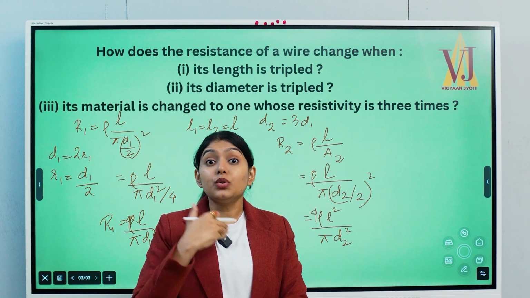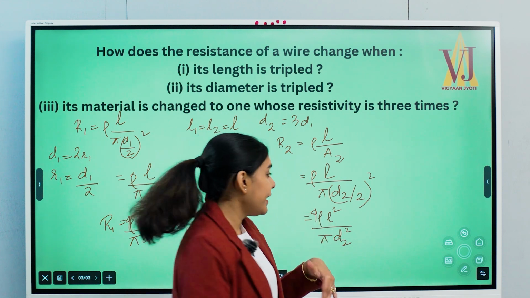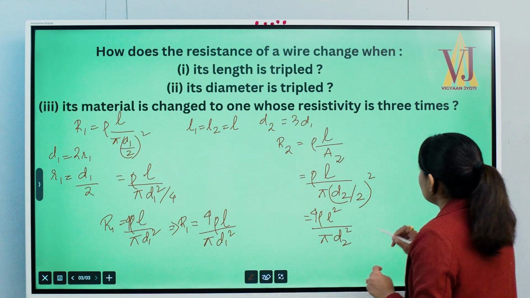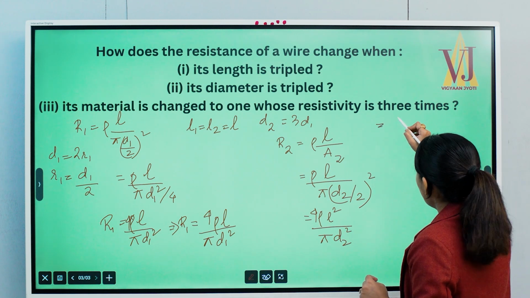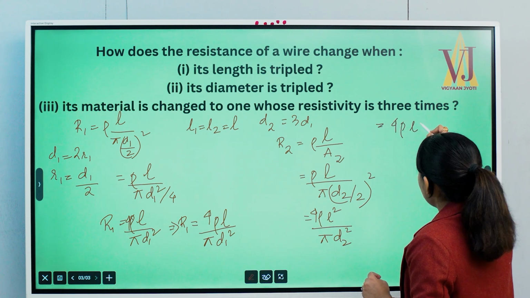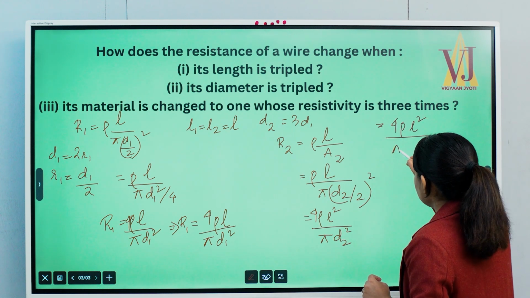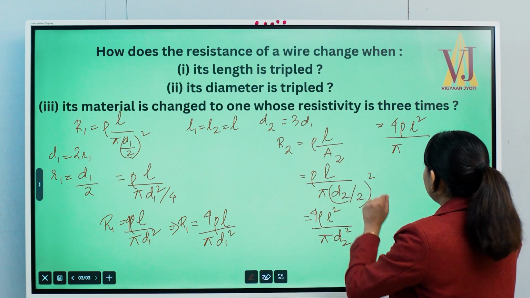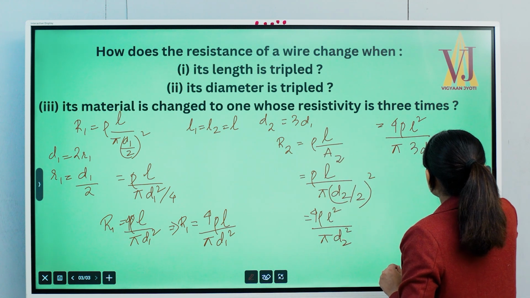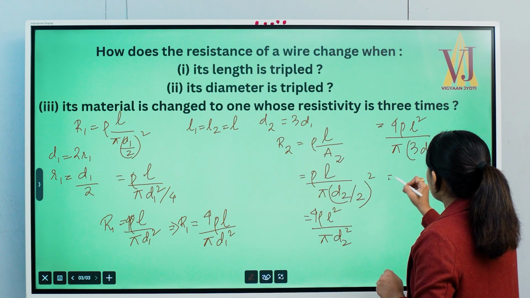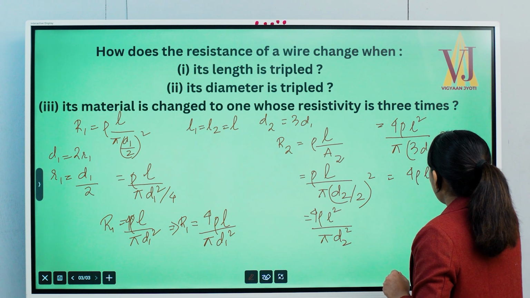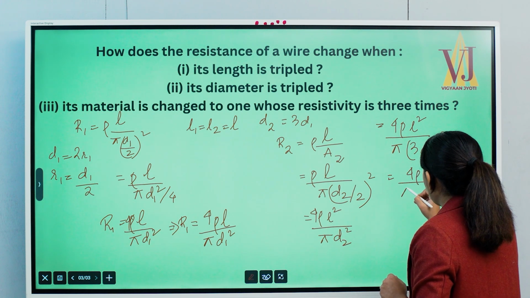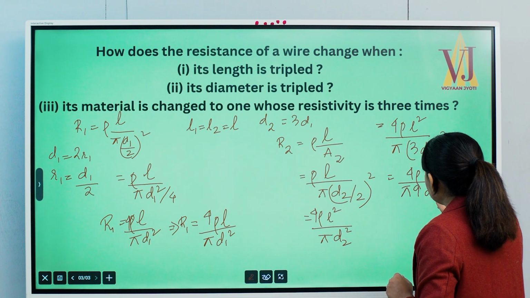Now it has changed to 3 times my old diameter. So I can just replace. That means I will do here 4 rho L over pi. Fine. Now d2 is what? 3d1. 4 rho L over pi 9 d1 square.